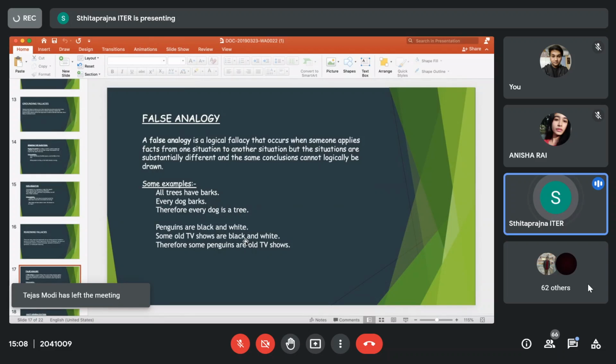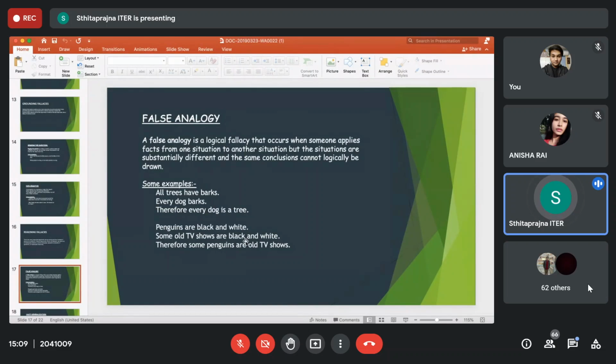Now let's take false analogy. A false analogy is a logical fallacy that occurs when someone applies facts from one situation to another situation, but the situations are substantially different and the same conclusions cannot logically be drawn. Analogy is illustrating or exemplifying, giving a comparison.